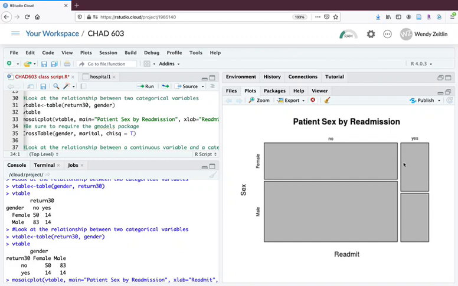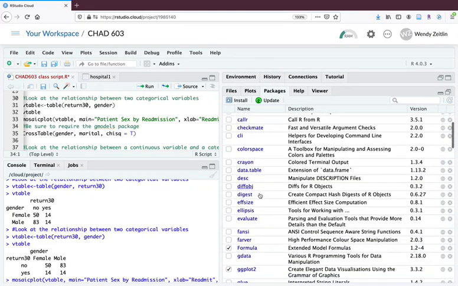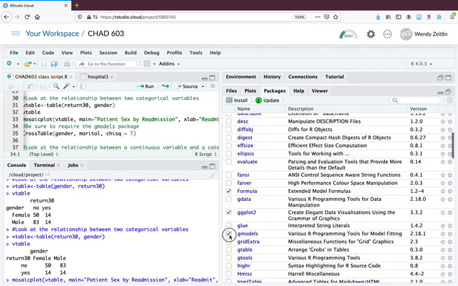We see from this that there are fewer females in our sample because these two boxes represent all our females, these two boxes represent our males, and of all our yeses and nos, we see that the minority of patients were returned within 30 days. So we may want to get a bit more information about that, and so we're going to use a package called gmodels. So you're going to want to make sure that your gmodels box is checked.